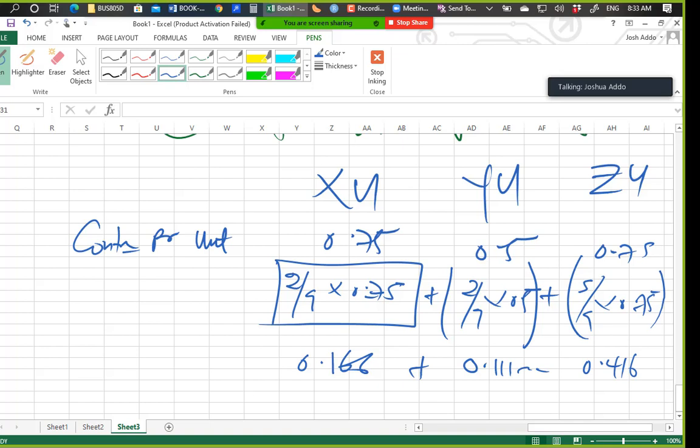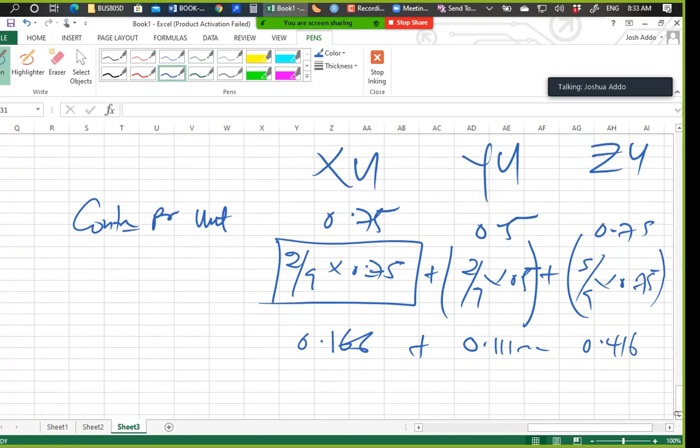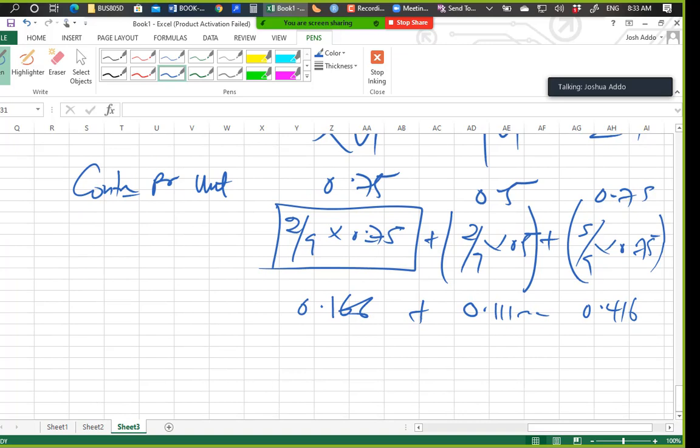If you are using a scientific calculator, there's a way you can key the whole of this in brackets, plus the whole of this in brackets, plus the whole of this in brackets. So you wouldn't go into rounding at this level. Then you will get the total answer before you round. But let's try to add, even though we have rounded. So let's say 0.17, 0.11, and 0.41.